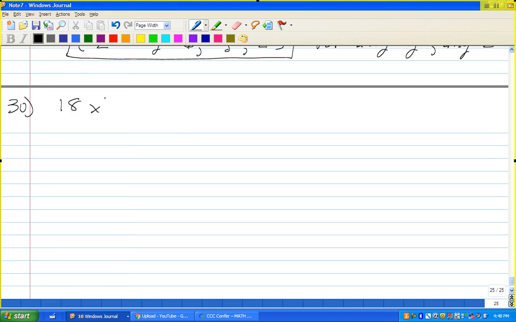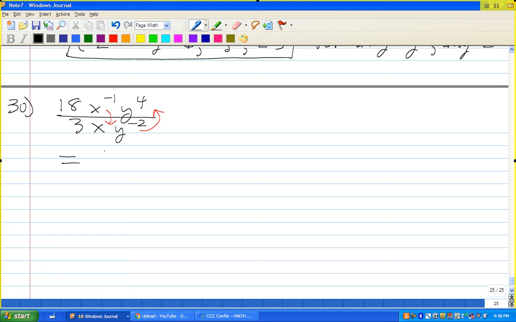18 x to the negative 1, y to the 4, over 3x, y to the negative 2. Okay, so I've got a negative exponent, so let's bring that from the numerator to the denominator. Interchange this from the denominator to the numerator.